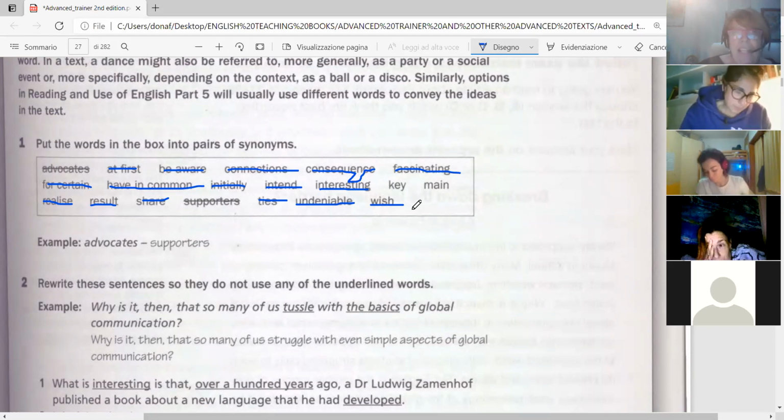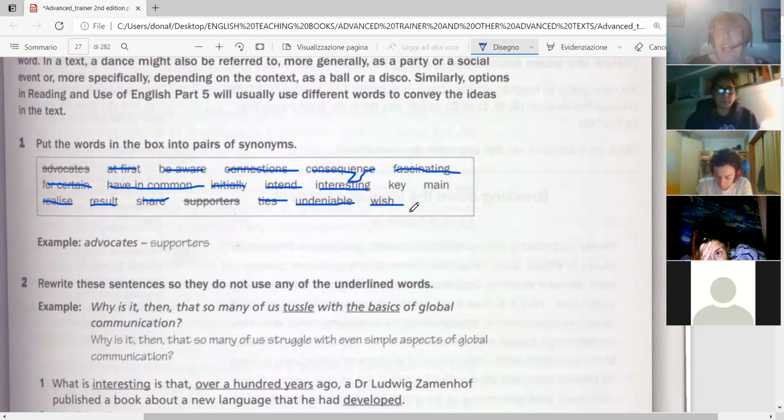That's my intention, intend from intention. So it's not really appropriate as wish, but in a sense sometimes we can use it. It depends on the context, because sometimes you can't use intend with wish. And the last ones remaining are key and main. So the key word is the main word. Key, of course, used as an adjective, like main.